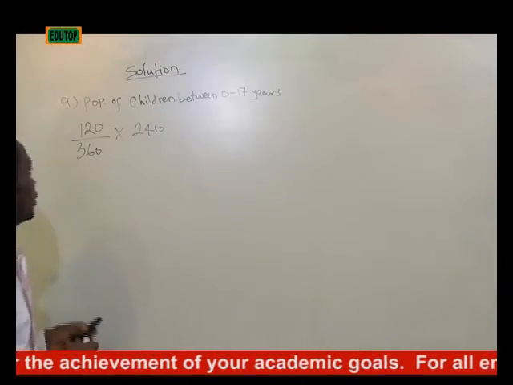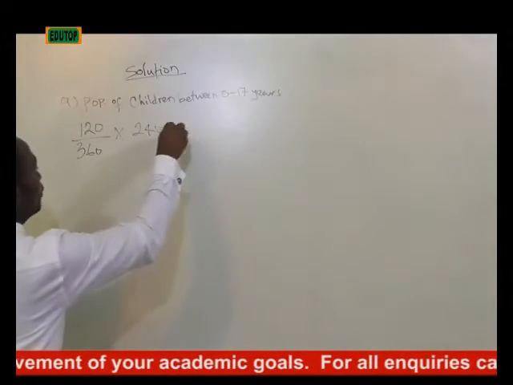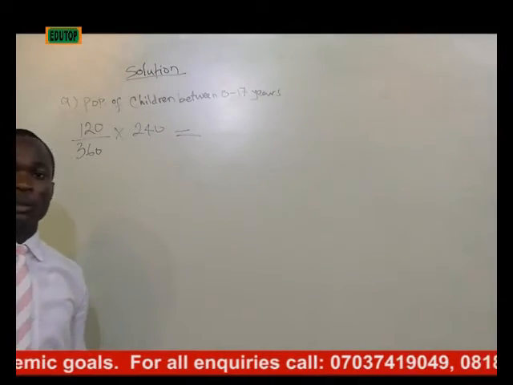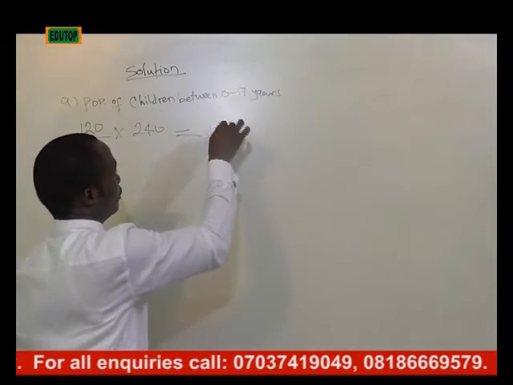So if you do this mathematical operation, we'll have that the population of children between 0 to 17 years is 100 million.